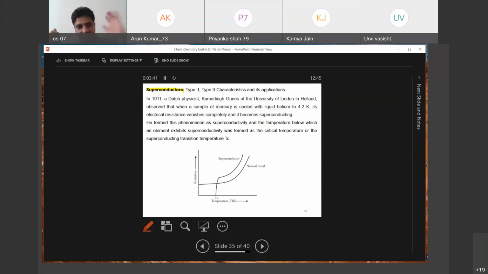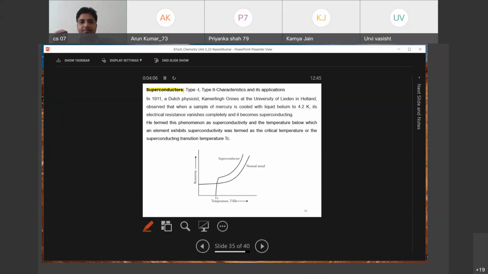Whatever the metal, it always has more or less electrical resistance. Some metals may have high electrical resistance, or some metals may have low electrical resistance.